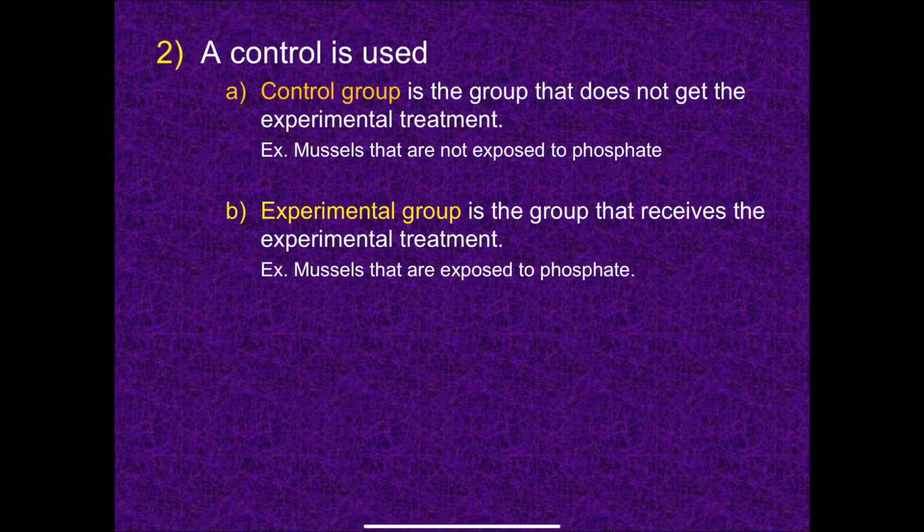And by the way, the reason why it's saying group, right? Control group and experimental group, is because you never test it on just one thing, or one individual. There's usually several experimental setups.